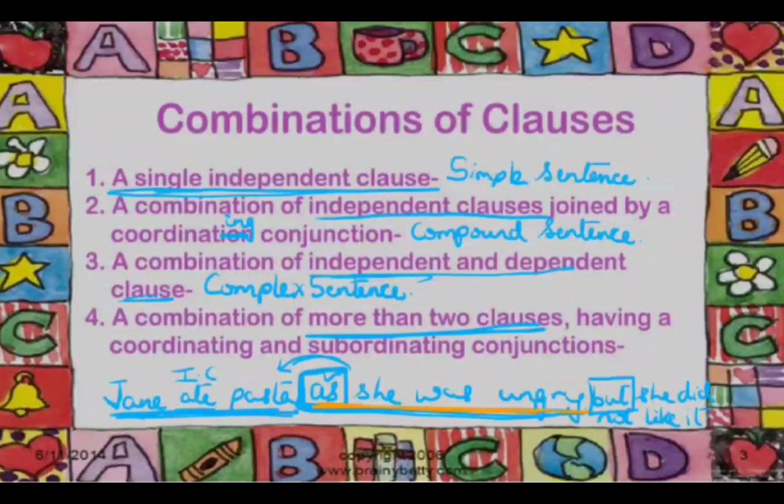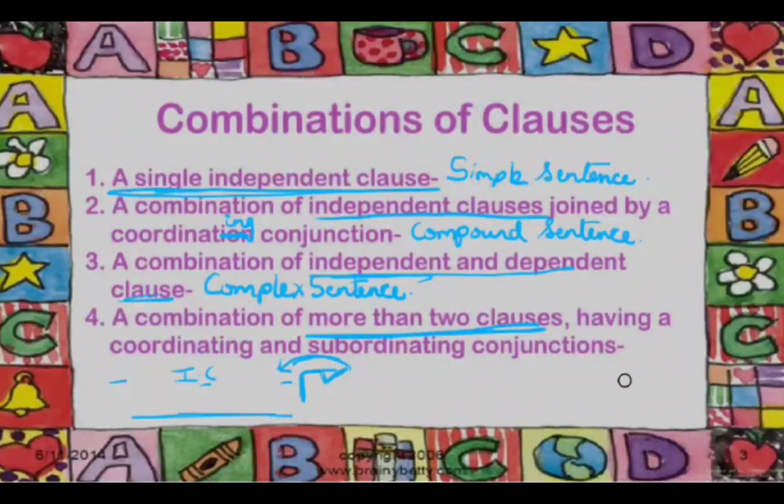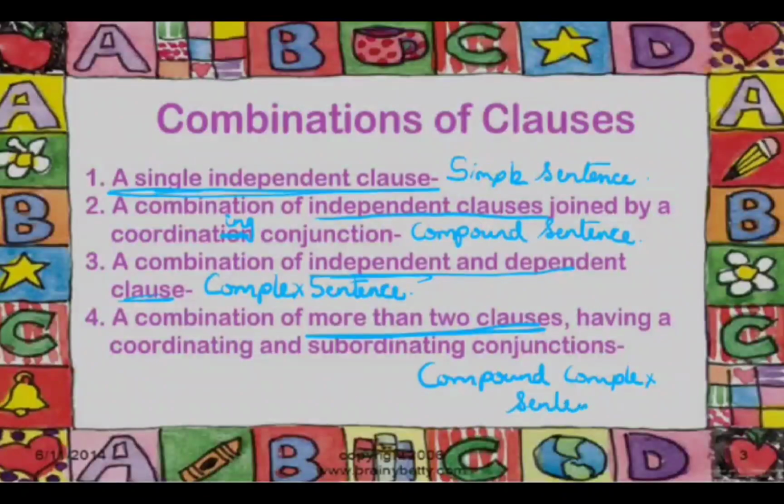But is also a conjunction, a coordinating conjunction. So now we have one complete sentence which has more than two clauses, a subordinating and a coordinating conjunction. In such a case, this kind of sentence is known as a compound complex or complex compound sentence.